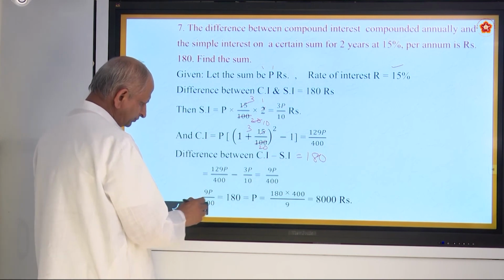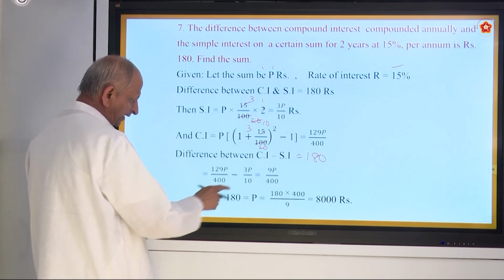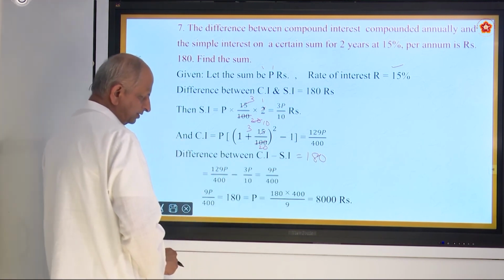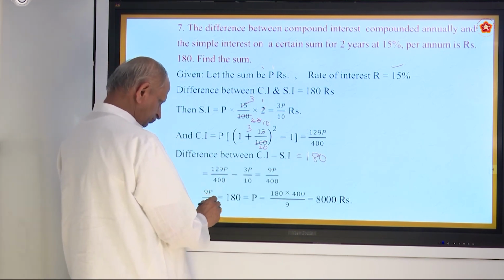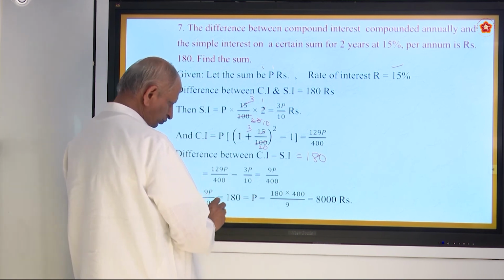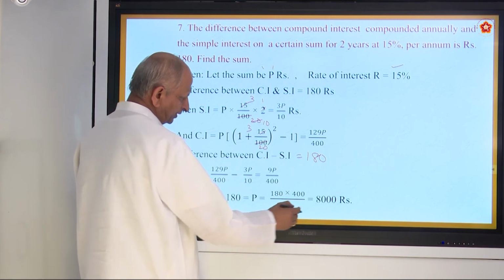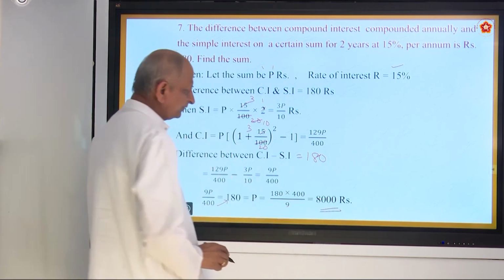And then you have 9P by 400 is equal to 180, that is given in the question. So, P is equal to 180 into 400 by 9, that will be 8,000 rupees.